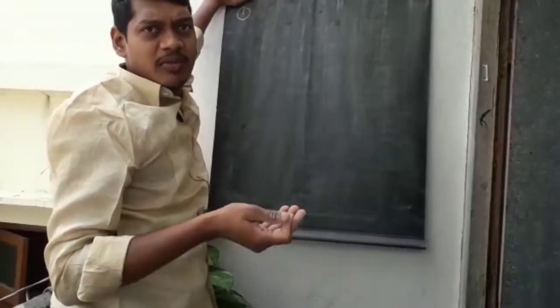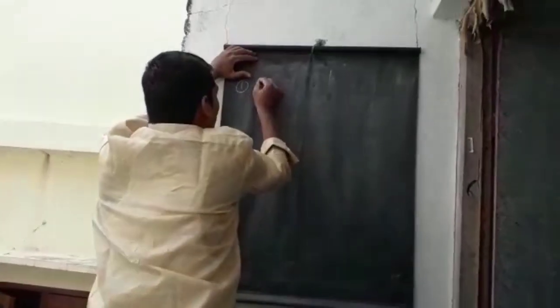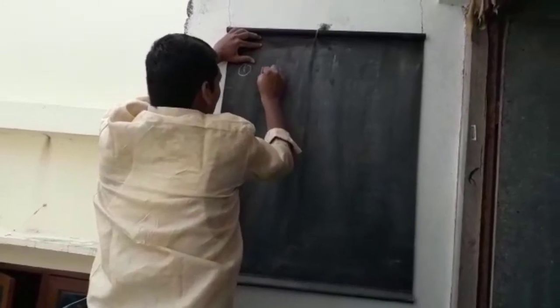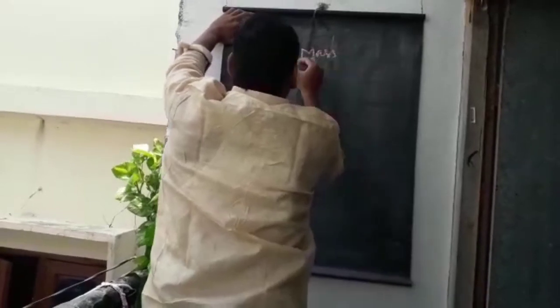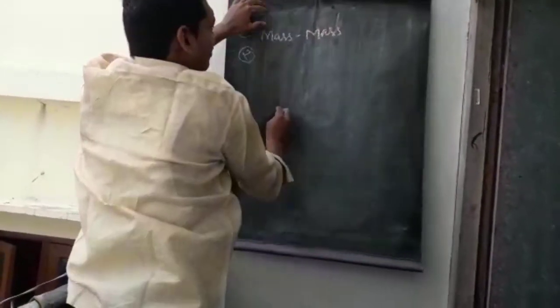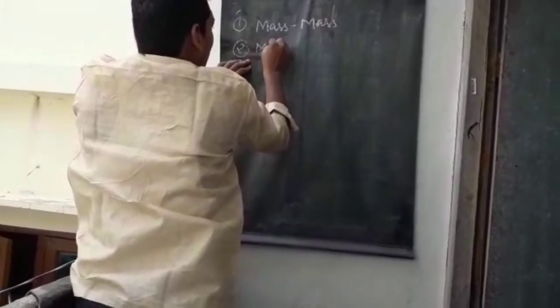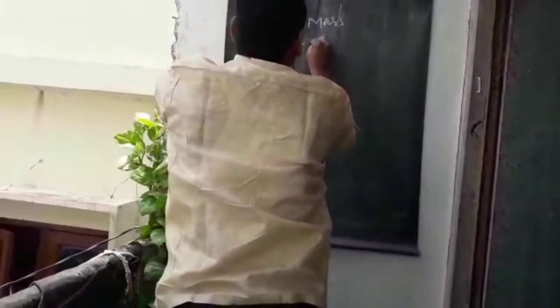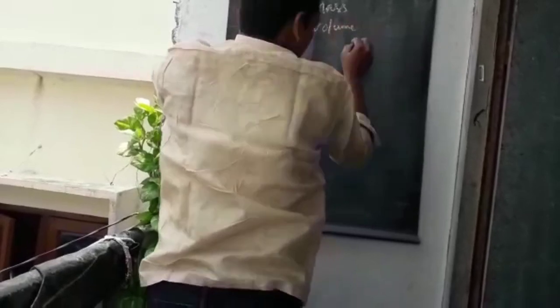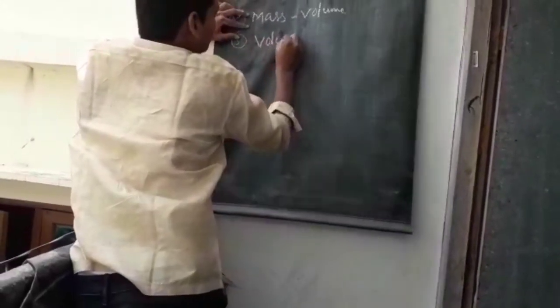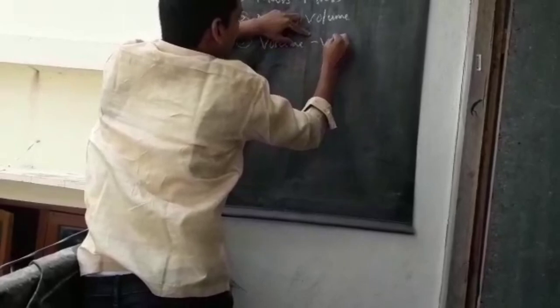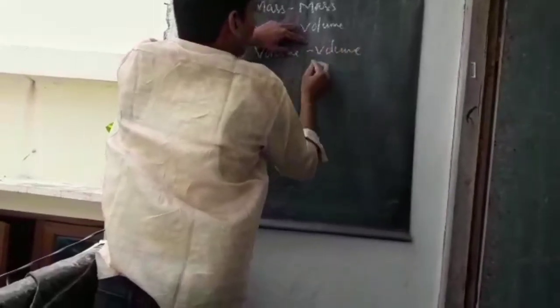Which is converted in any chemical equation, how many moles, that we'll discuss here. So first one, the mass relation. Second one, mass volume. Third one, volume.